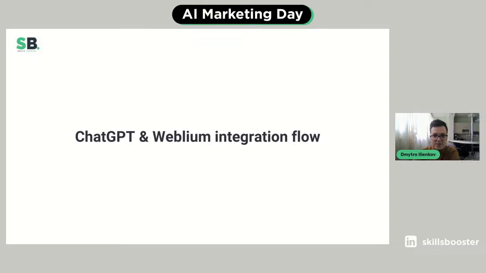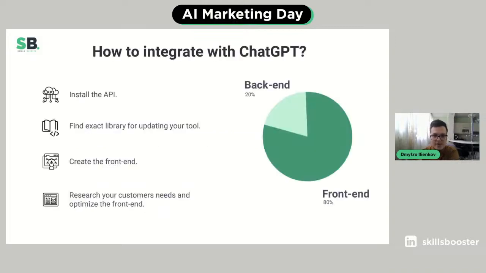And talking about ChatGPT and Weblium integration flow, so how did we do it? We integrated it on the backend quite quickly. I can say that the integration itself to put ChatGPT into your platform is quite quick. But after that, mostly the work was to create the front-end part, for example, design, and so on.